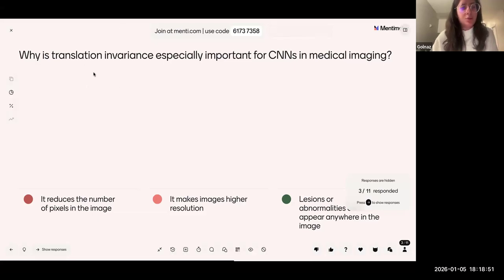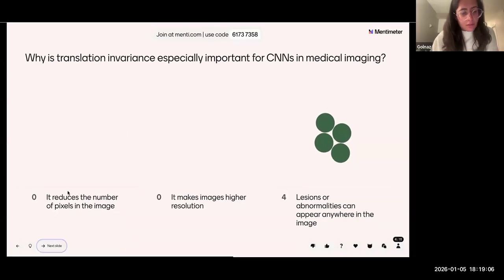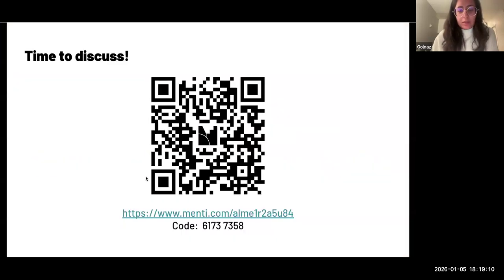As a reminder, the word means if the same object is in different places in an image, you still need to detect it. And yes, that would be the third option.